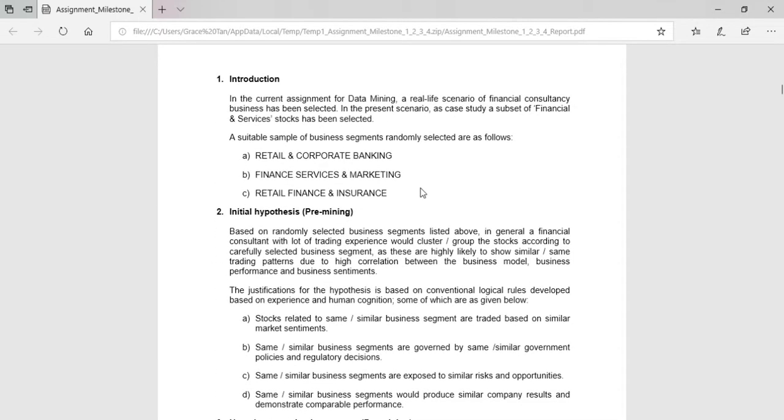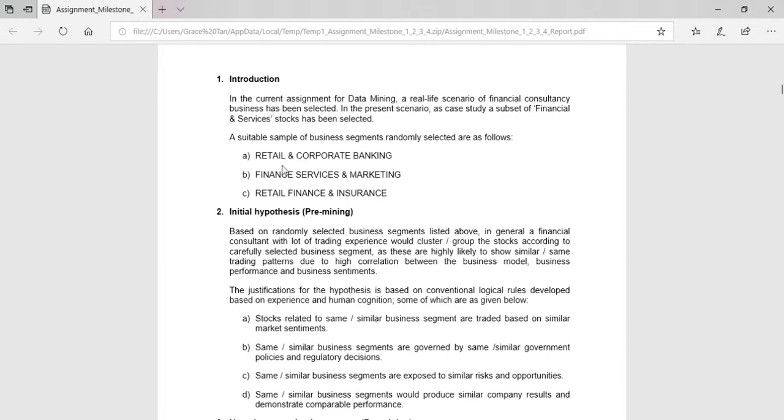So let us quickly jump into the introductory part. This assignment is data mining in a real life scenario, taking the role play as a financial consultant and trying to provide the best investment guidance to the investors. In this case, we have selected a suitable sample of business segments because we cannot select all the business segments in the vast number of stocks out there in the stock market.